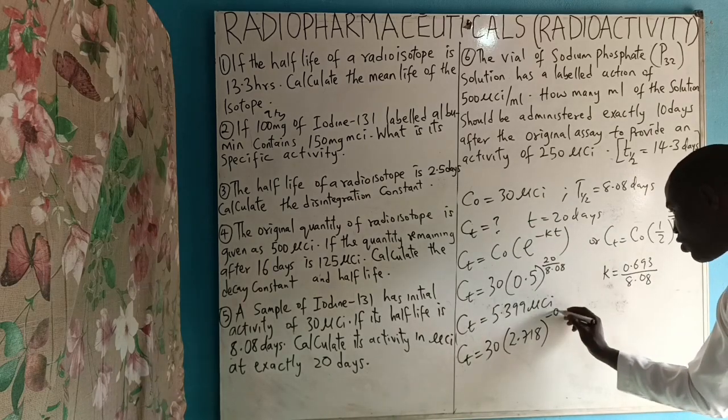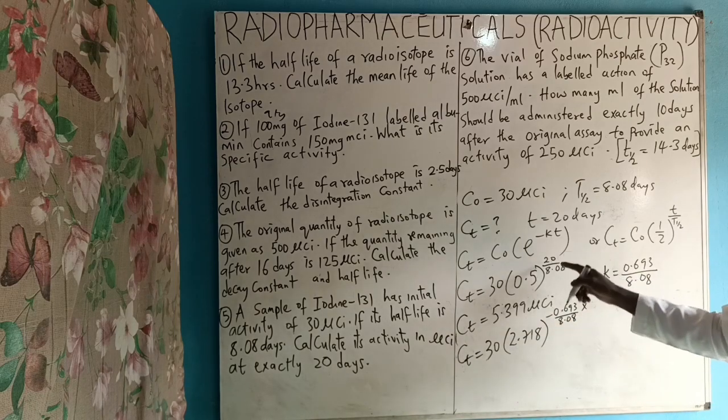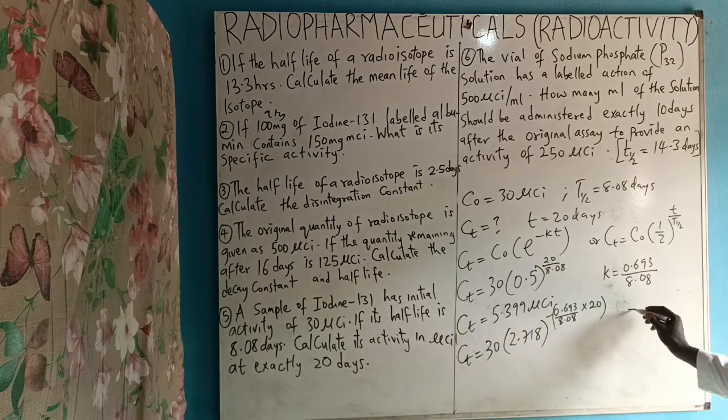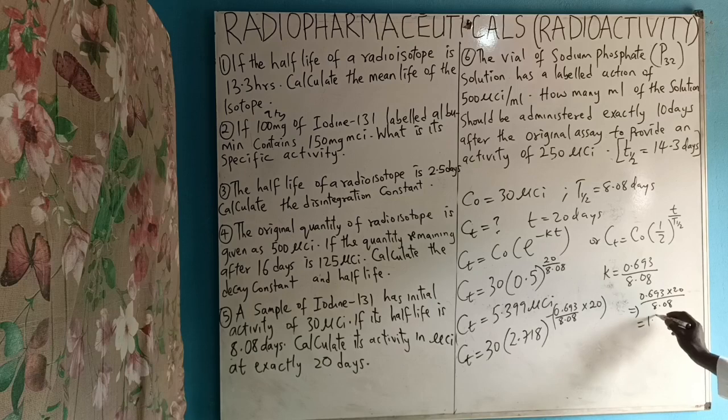So your K is 0.693 all over 8.08, then times your small t. Your small t is 20. Once you compute this, you have 0.693 times 20 all over 8.08. It will be giving you 1.71535. That is what this will give you.